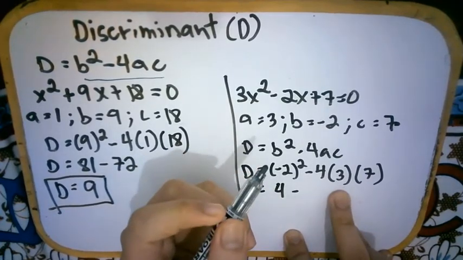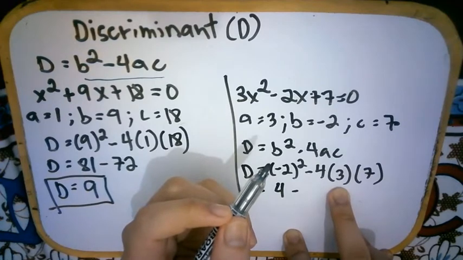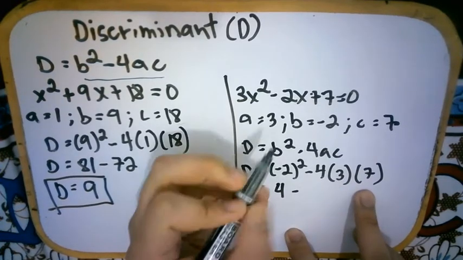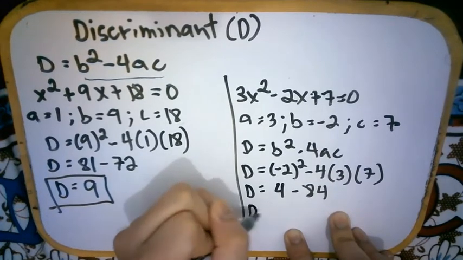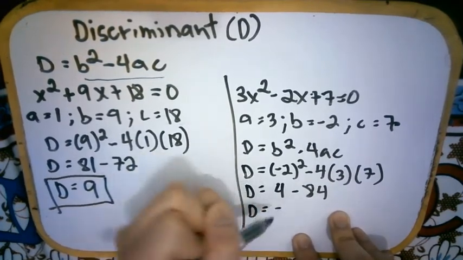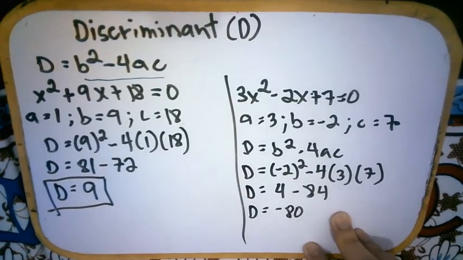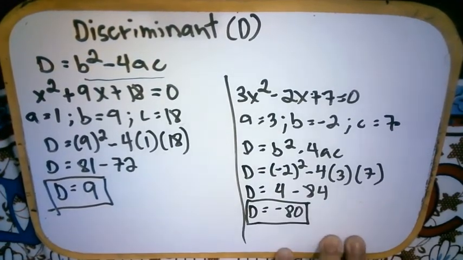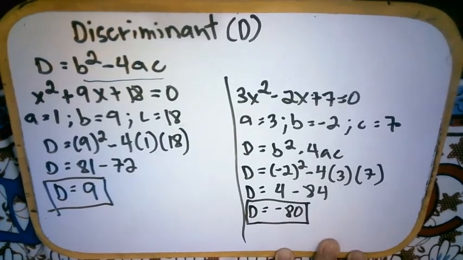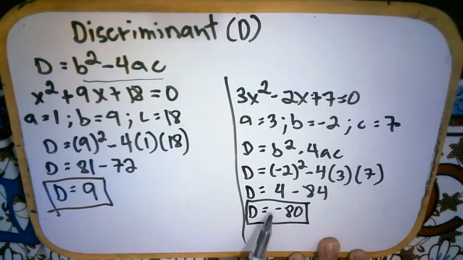Negative 4 times 3 is 12. 12 times 7 is 84. Then we have 4 minus 84 is negative 80. So the value of our discriminant is negative 80. Again, later on, we are going to interpret kung ano ba ang ibig sabihin kapag ang discriminant ay negative 80.